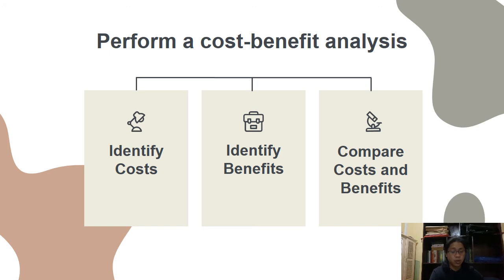Okay, so there are 3 steps in the application of cost-benefit analysis. The first one is identify costs. The second one is identify benefits. And then lastly, compare costs and benefits.